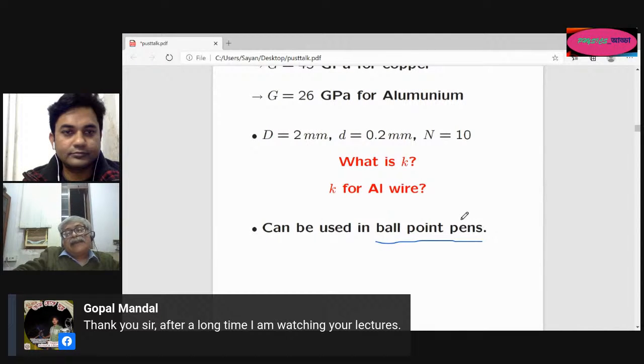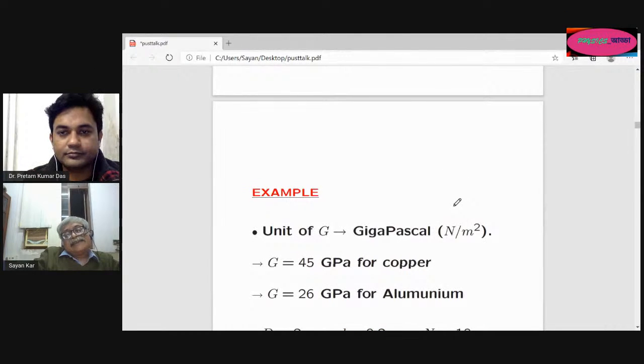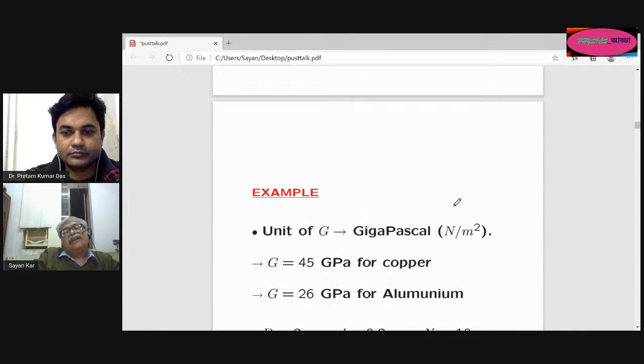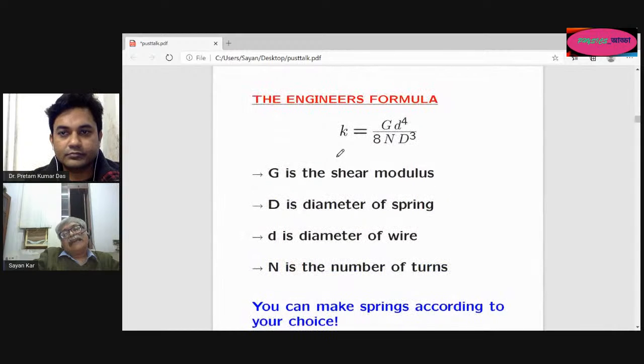Okay, so what I'm trying to say over here is that whatever physics is involved in Hooke's law is not enough to tell you ways and means by which you can actually make a spring. So you have to move a little beyond that. And that is the reason why I gave you this engineer's formula.